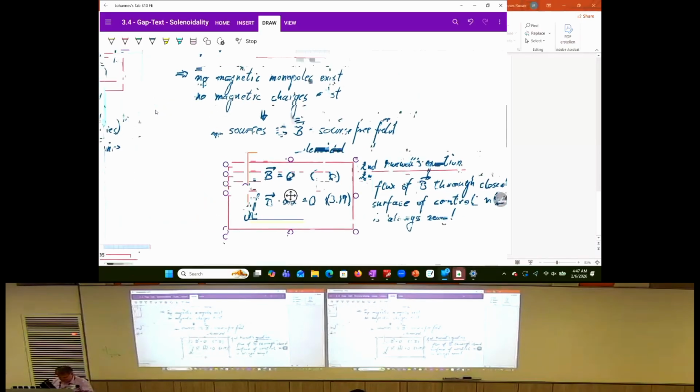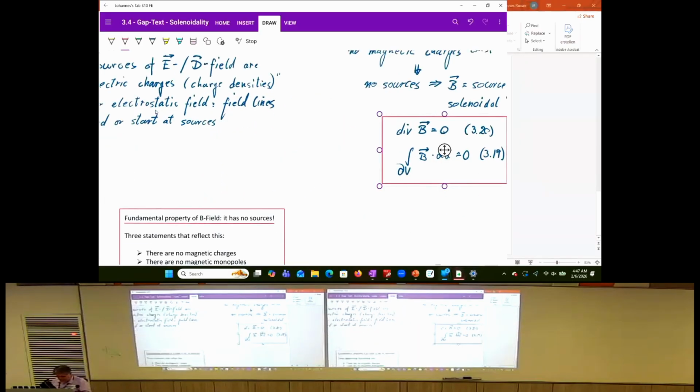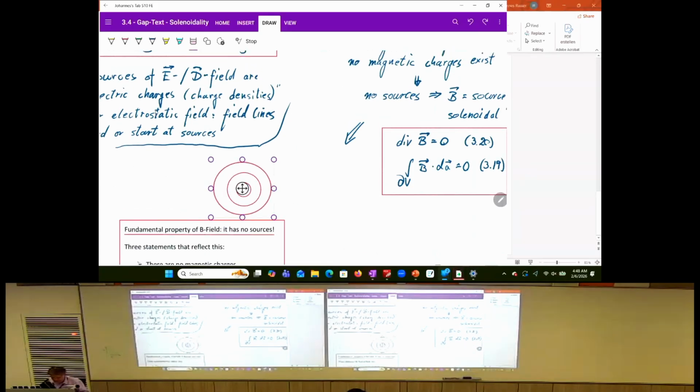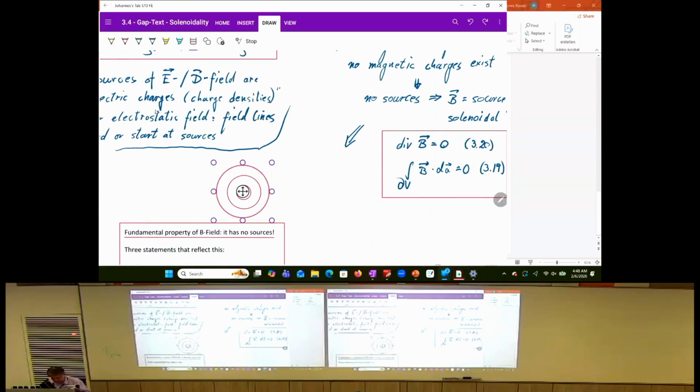So if you compare that to the visualizations that we used for Gauss's law, what does that mean? You have here a scenario where you have a B field, and we say that is always closed. Okay, it should be okay. That's reasonably well.